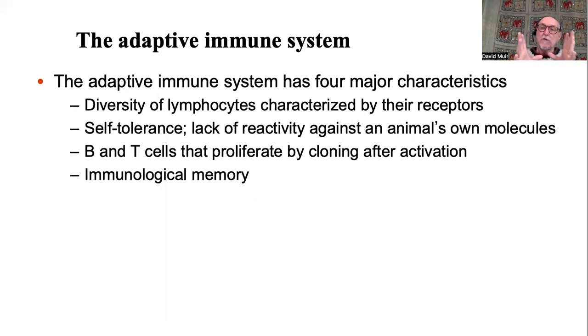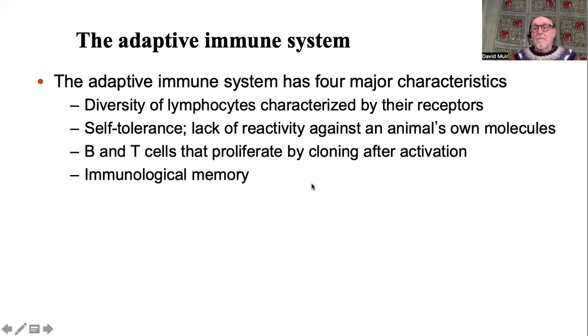And within a very short time, they produce a huge population of clones, each of which is specific just for that epitope. So we go very quickly from just one responsive cell to thousands of responsive cells.